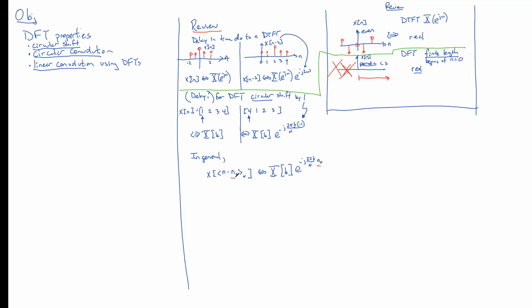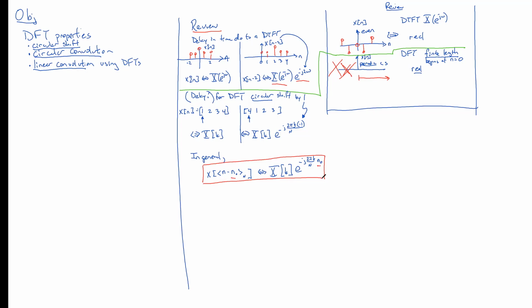And notice how similar that is to what we said for the DTFT, where it's equal to the same DTFT. We're just going to multiply it by a complex exponential that's been delayed by some amount. So this is the DFT property for circular shift.